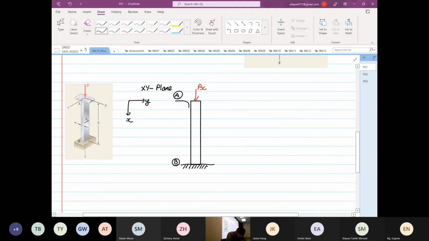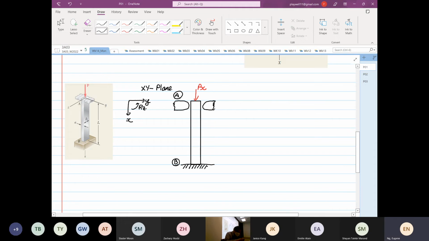So this is the structure over here. If we were to draw, this is our rotation in the Z.